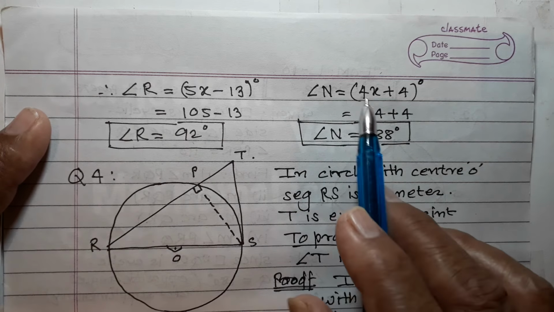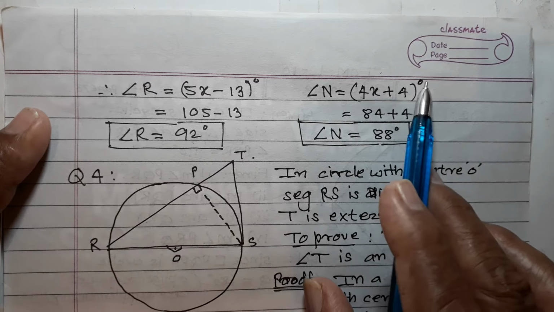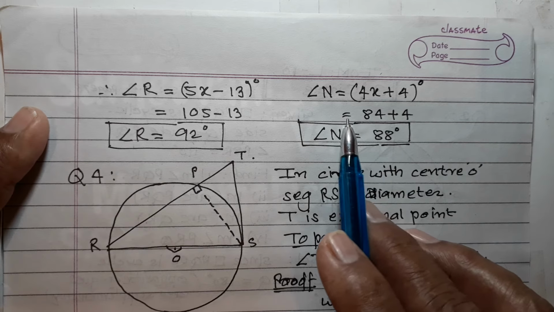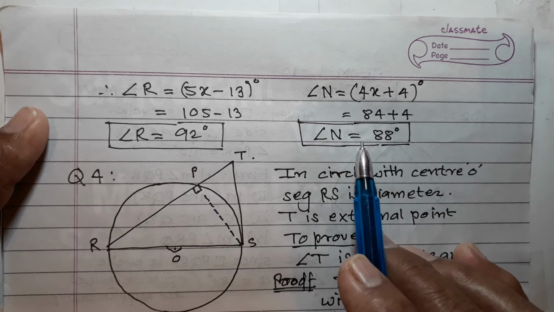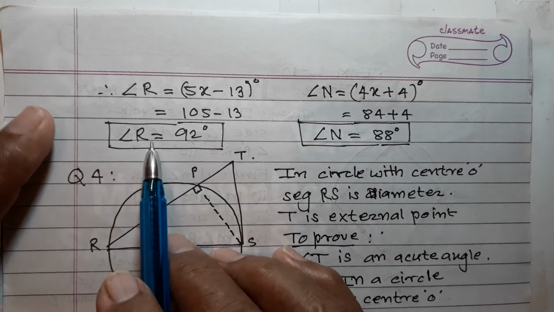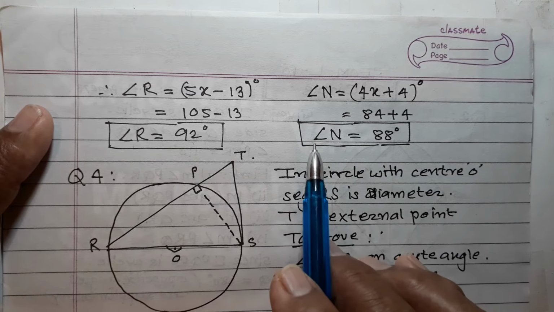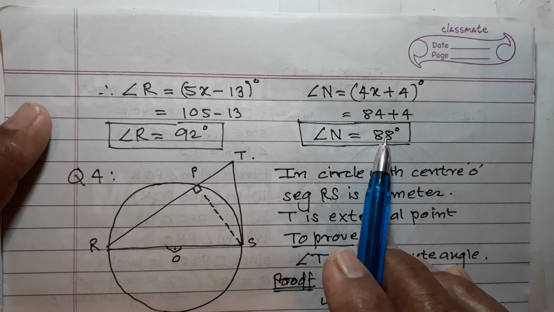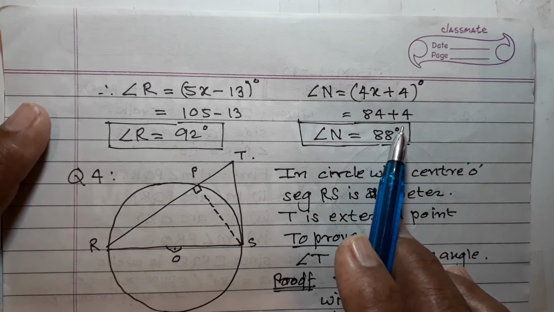Angle N is equal to 4x plus 4, which is 84 plus 4, which gives you 88 degrees. So angle R is equal to 92 and angle N is equal to 88 degrees.